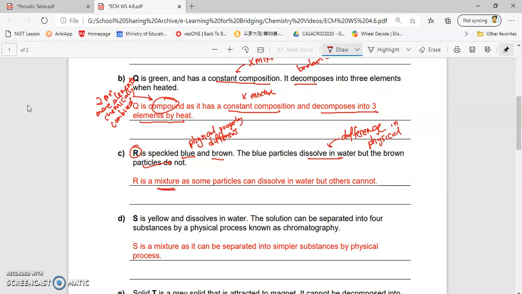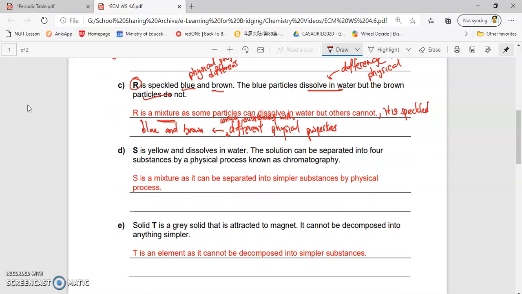Okay, so some particles can dissolve, others cannot. It is speckled blue and brown. So these are all the clues that tell you that it has different physical properties. So that's why R is a mixture. Okay, and so R contains substances with different physical properties.